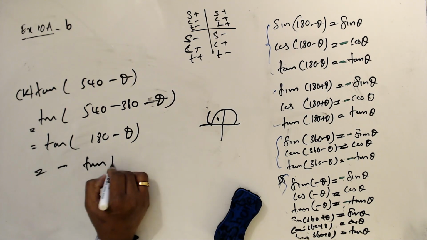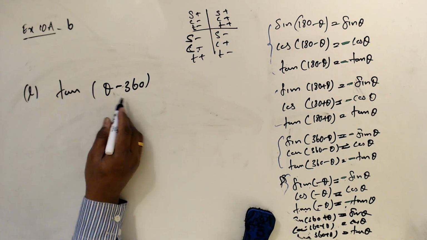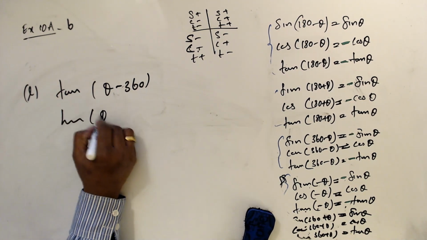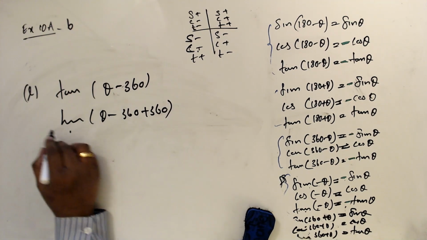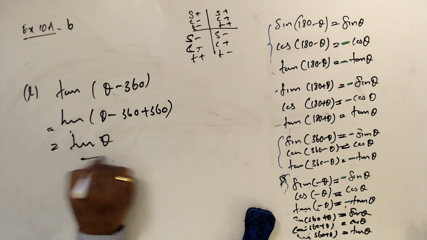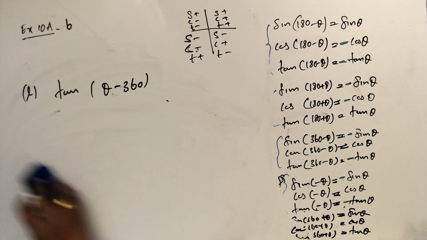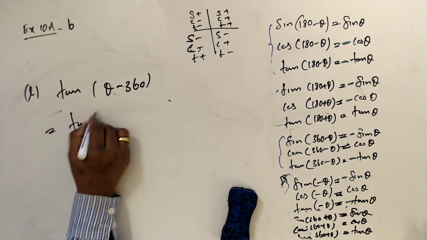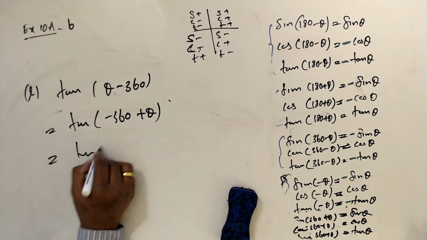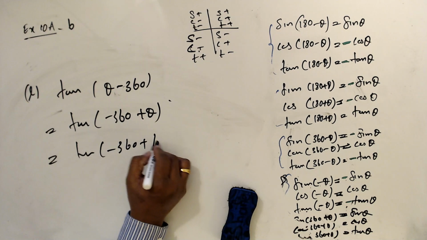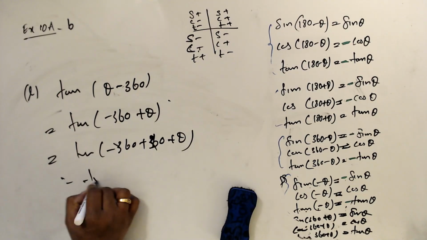Negative tan theta. Tan theta minus 360. When I see this one, I will add 360, this cancels out. Tan theta. Sorry, I said always stay like this: number first, and then tan minus 360 plus theta. Tan theta.